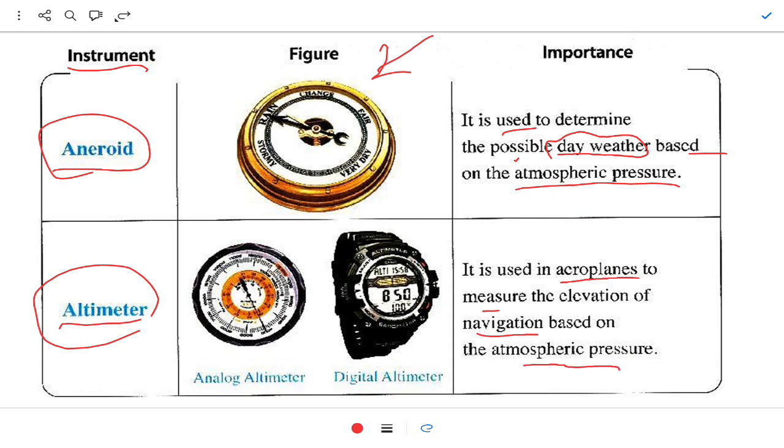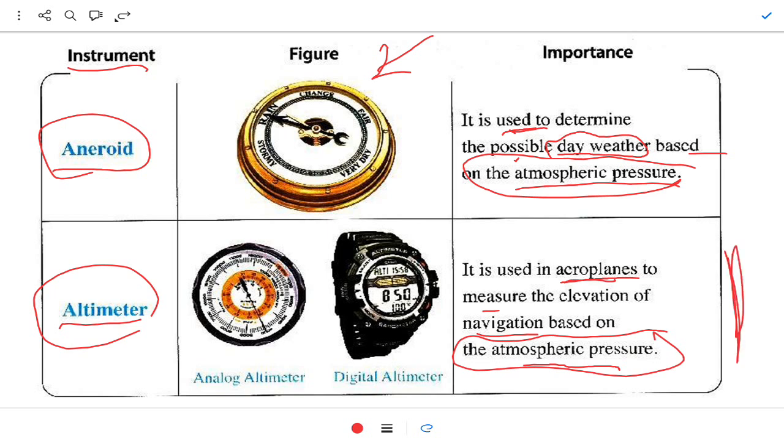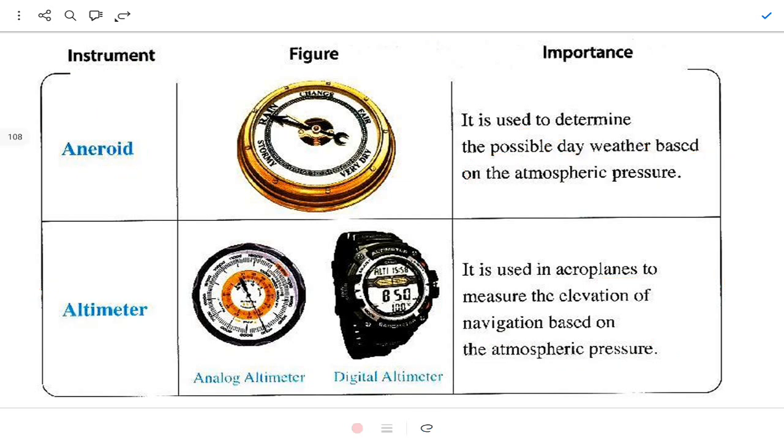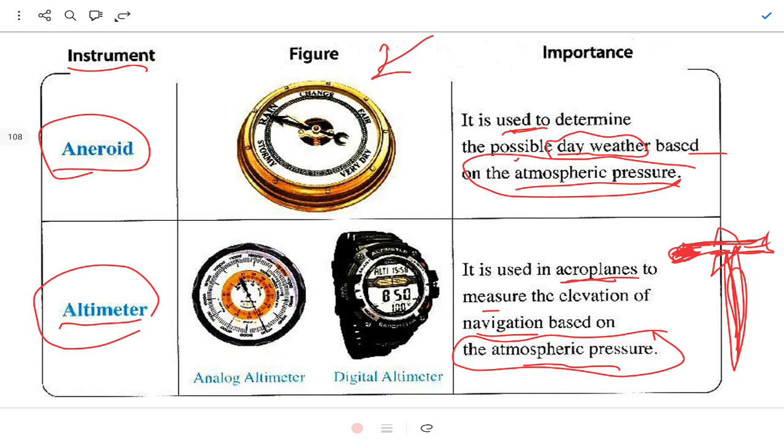So the aneroid is used to determine the possible day weather, and the altimeter is used in aeroplanes to measure the elevation of navigation. You know now their importance.